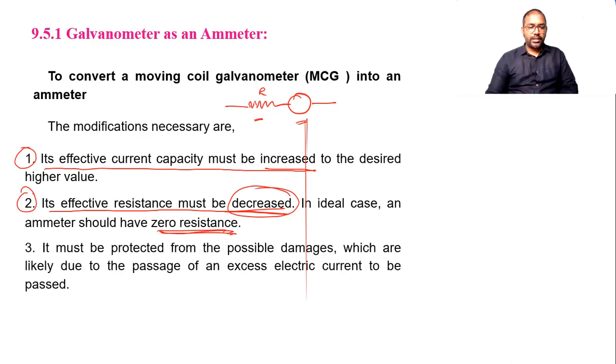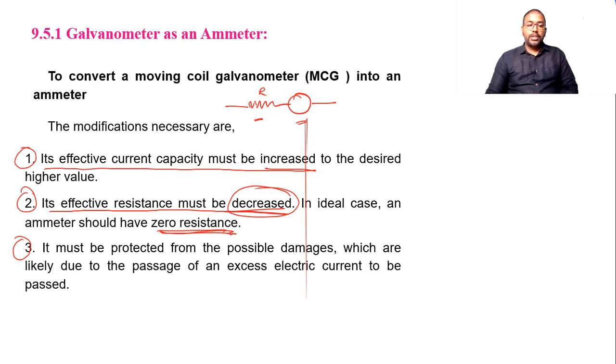Now after that, the third purpose is it must be protected from possible damage. So we have to do such modification in the galvanometer which protects the coil from possible damage.